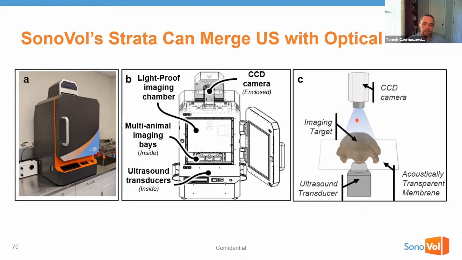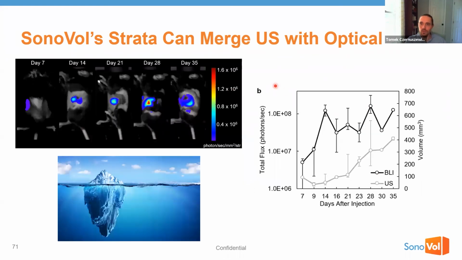And so, the primary advantage here is that the optical side of the coin really gives us excellent molecular imaging capabilities. We can generate fluorescent probes. We can do genetic knock-in models that have luciferase or luciferin expressing knock-ins.